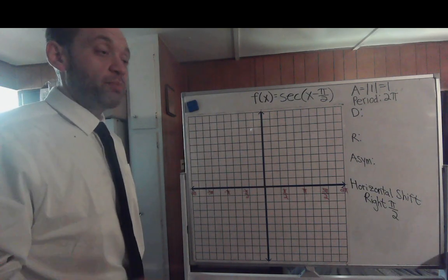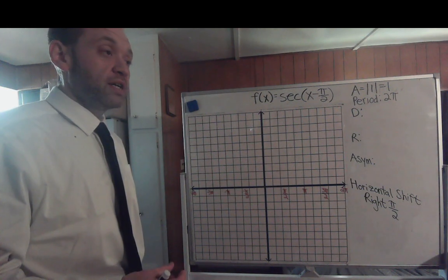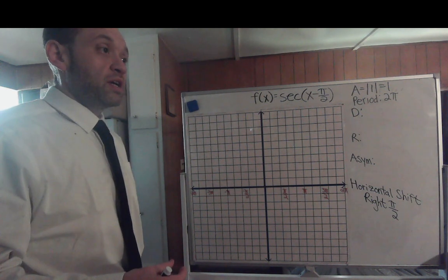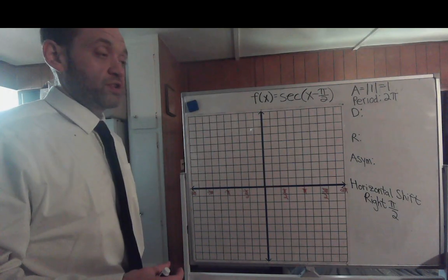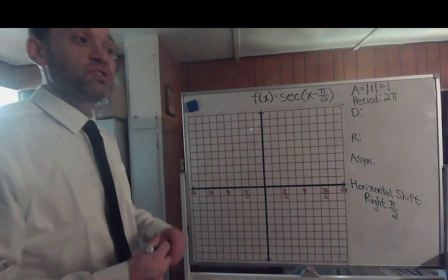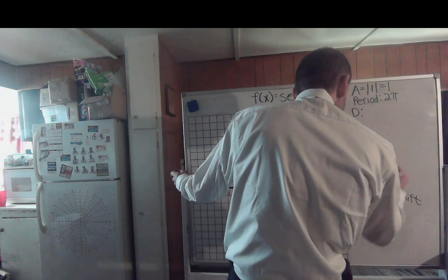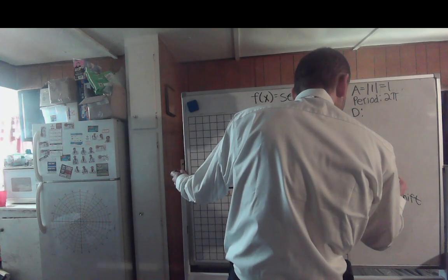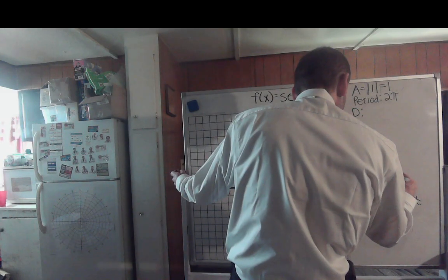Well, if you shift that pi over 2 to the right, so if you add pi over 2 to that, you shift everything to the right, you're suddenly now at integer multiples of pi. So the asymptote will be at x equals those integer multiples of pi.